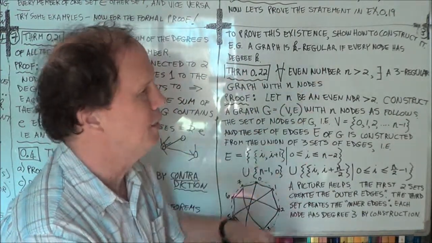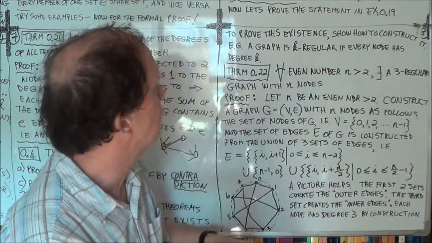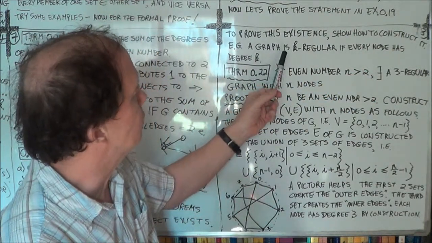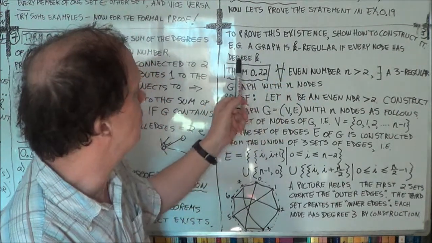So the last session, I just gave you the definition that a graph is defined to be k-regular if every node in that graph has degree k. Right?